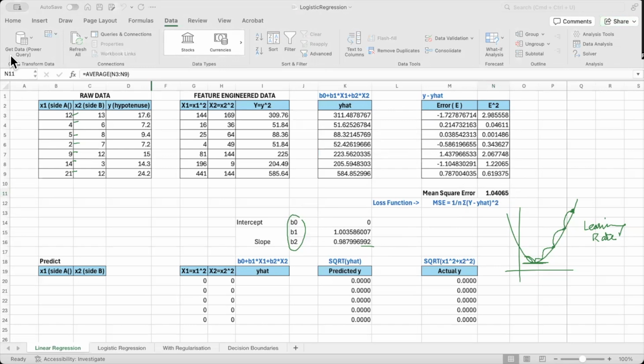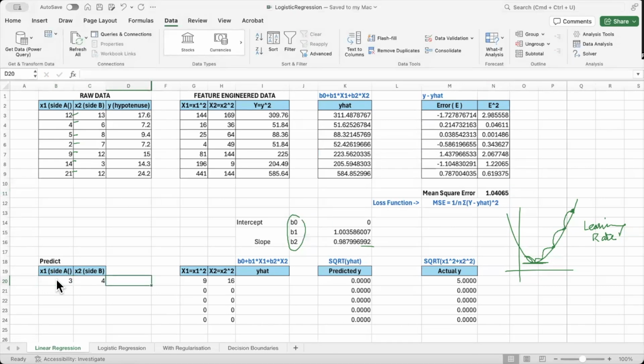Now once I've done this, I can test my model by trying some new values. Let's say I put x1 as equal to 3 and x2 as equal to 4. So in this case, capital X1 will become 9 and capital X2 will become 16. Now I can calculate y hat.